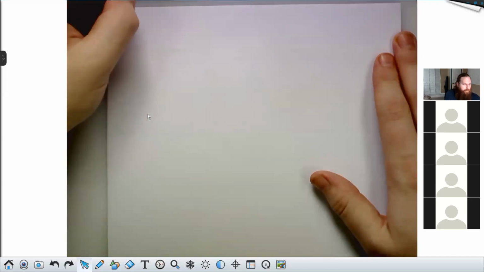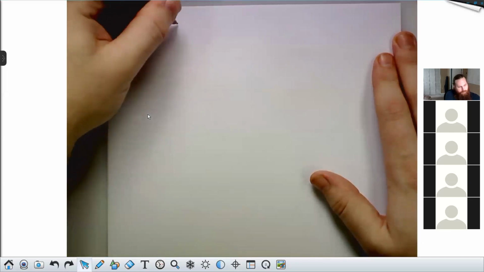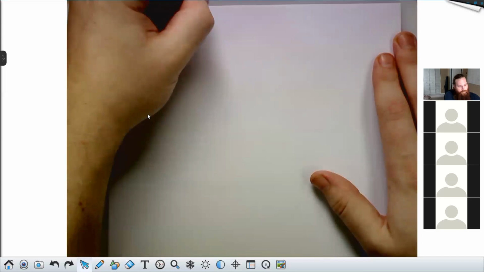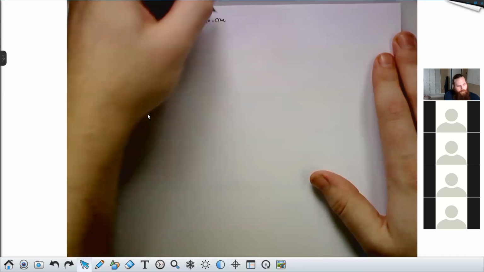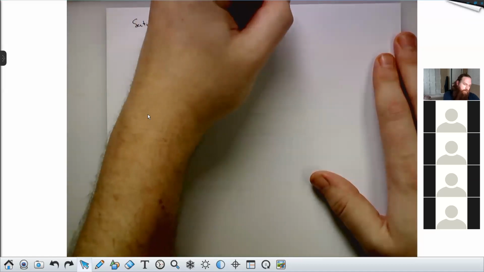But the last topic here, section 2.8, is on one-to-one functions and their inverses.